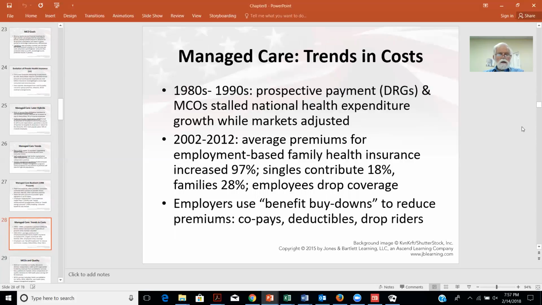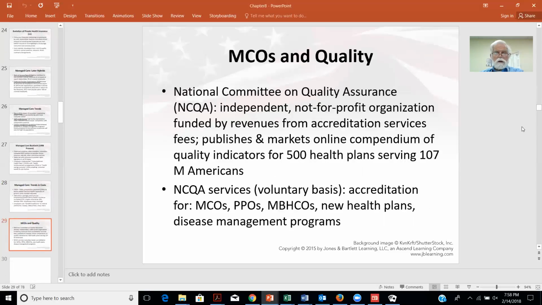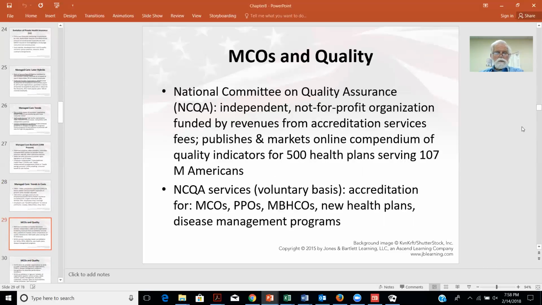They may have sort of slowed things down for a while, but the rate of inflation is still significantly above that of the general economy. There's all sorts of accreditation plans and services that are online that publish and provide quality indicators for providers and systems.